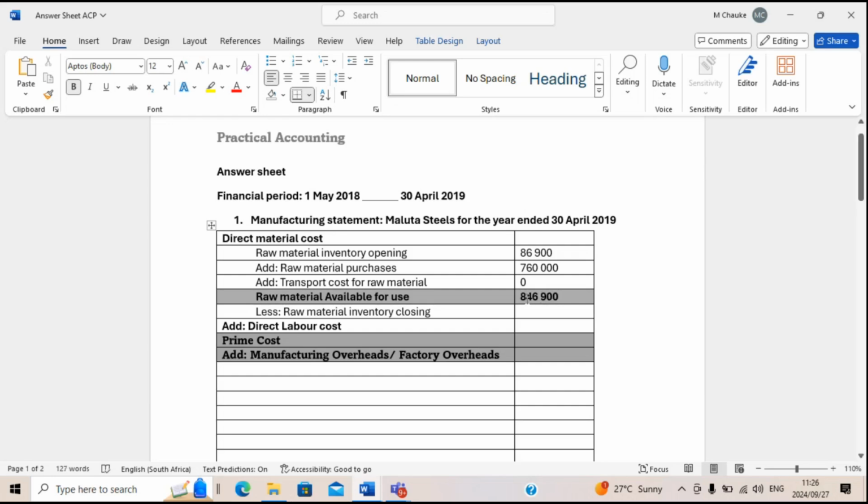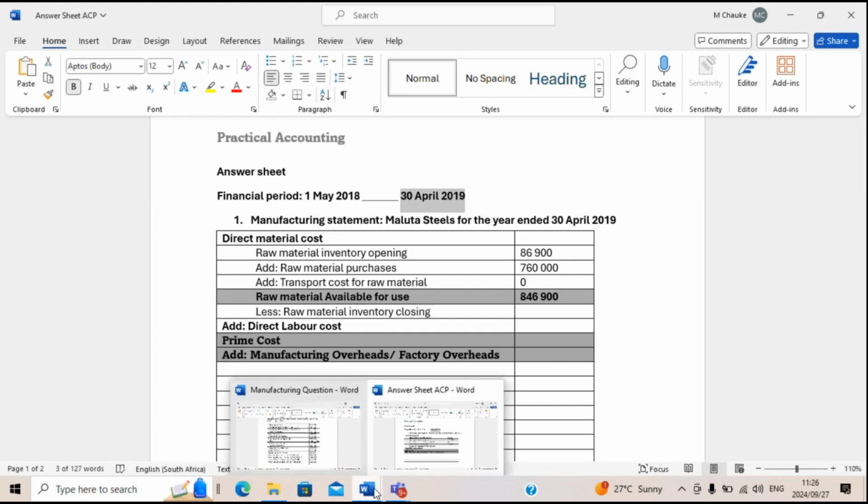That is our raw material available for use. And then now we go and check in our question the raw material inventory closing, which is going to be on this date. So we're going to check raw material inventory on this date. That will be our closing. Let's go there.